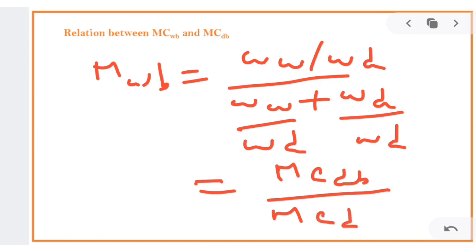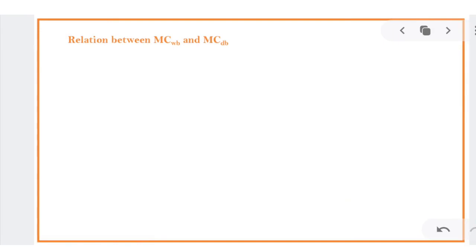So the above formula will become moisture content on dry basis divided by moisture content on dry basis plus 1. So if you know moisture content on dry basis, you can easily convert it into wet basis. Similarly, if you know moisture content on wet basis, we can convert it into moisture content on dry basis.